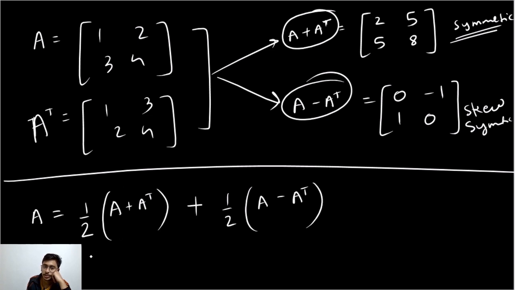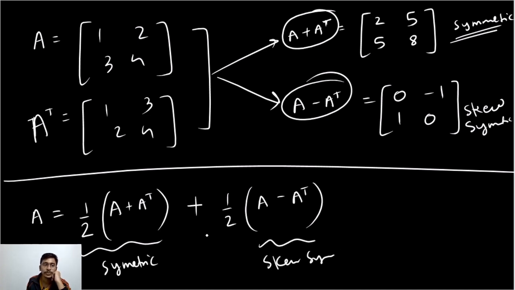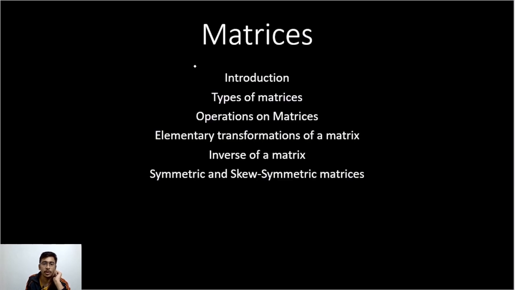So this is its symmetric part and this is its skew symmetric part. This is our last topic done, and I hope you have understood what matrices are.